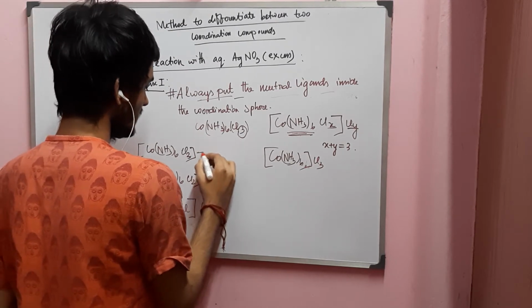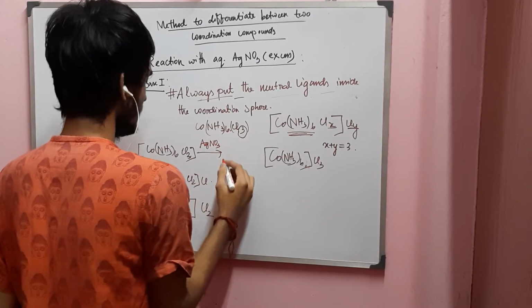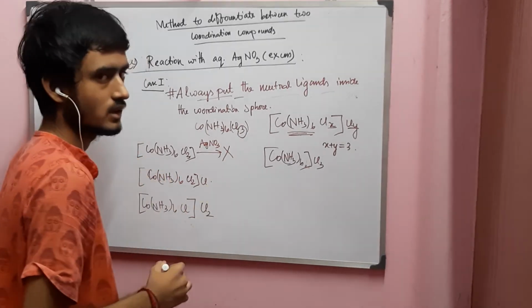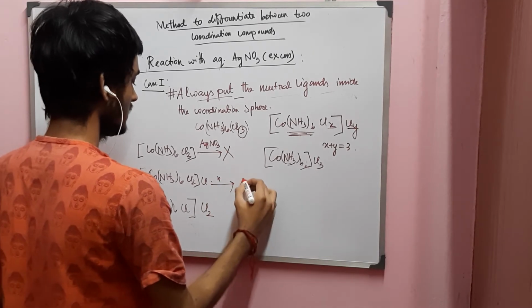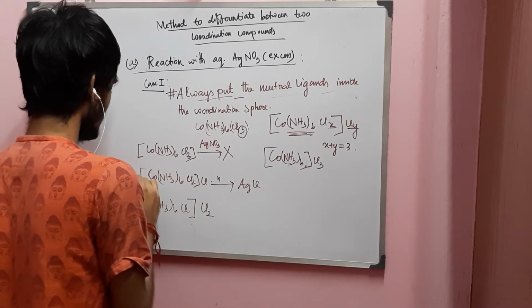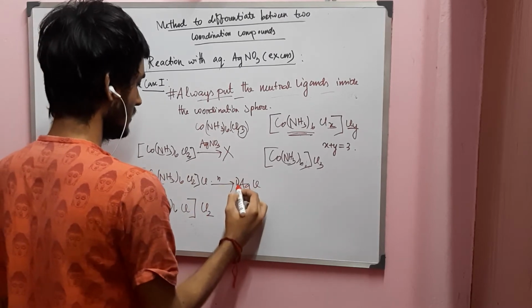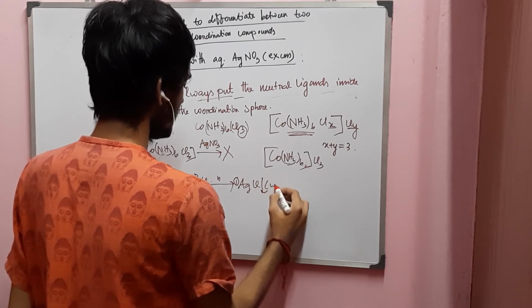If we treat the first with aqueous AgNO3, then no precipitate will be formed. If we treat the second with aqueous AgNO3, then 1 mole of this compound will give 1 mole of AgCl precipitate, which is white in color.